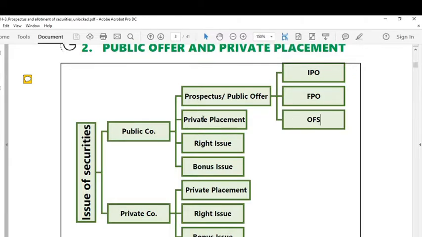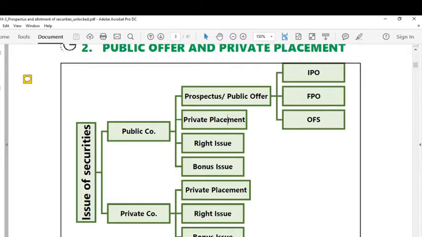The second mode of issue of securities by a public company is the private placement. Students, in general you have to understand that if the requirement of capital is very minimal, and the promoters of the company have a broad range of contacts and an inner circle, and they want to offer the securities of that company to selective people within the inner circle, then such an offer is called a private placement.